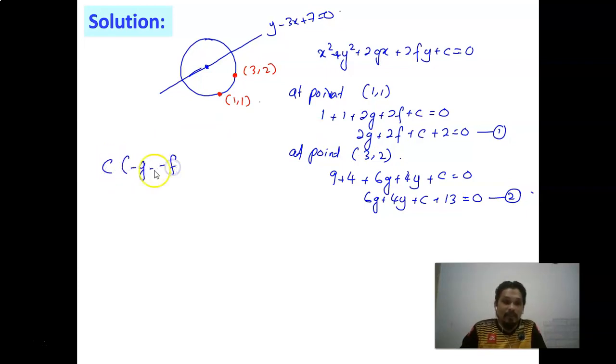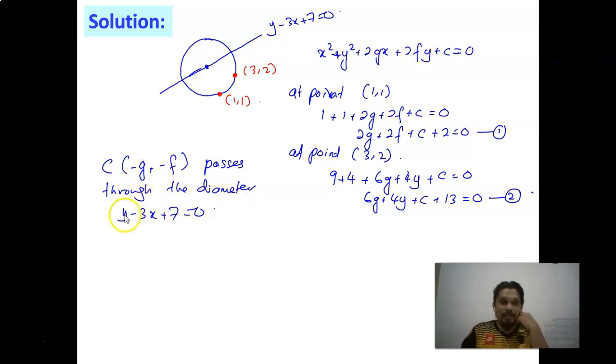Okay, and it mentioned that the center of the circle, which is negative g and negative f, passes through the diameter. Okay, the equation of this, which is y minus 3x plus 7 equal to 0.